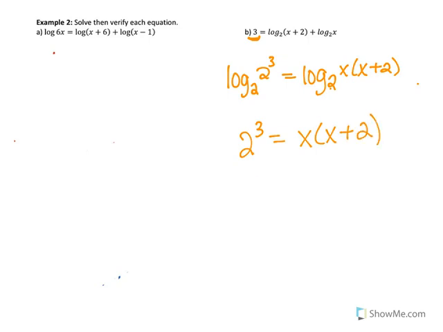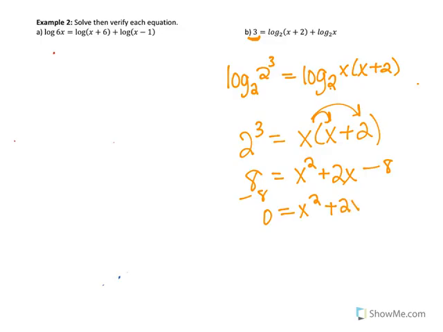I know that 2 to the power of 3 is 8. I'll distribute this in, so we have x squared plus 2x. I'm going to subtract 8 from the other side, so we have 0 equals x squared plus 2x minus 8. I want two numbers that add up to make 2 and multiply to make negative 8. They are 4 and negative 2.